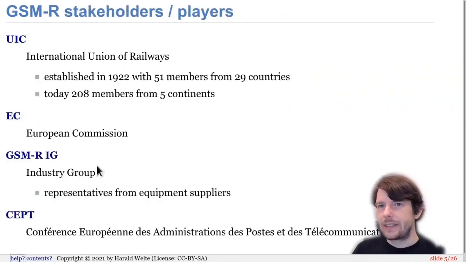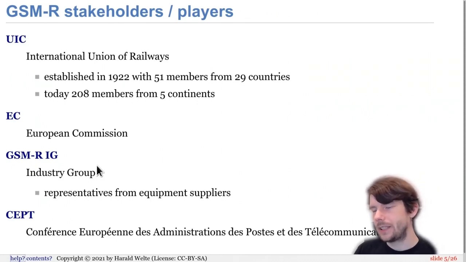So the stakeholders that are involved in Gsm-R, as I mentioned already, there's UIC, the International Union of Railways, established in 1922 with 51 members from 29 countries. Today it's 208 members from five continents, basically almost everywhere where railways are, the operators tend to be members of UIC. The EC, the European Commission, has been driving the standardization of GSM-R.